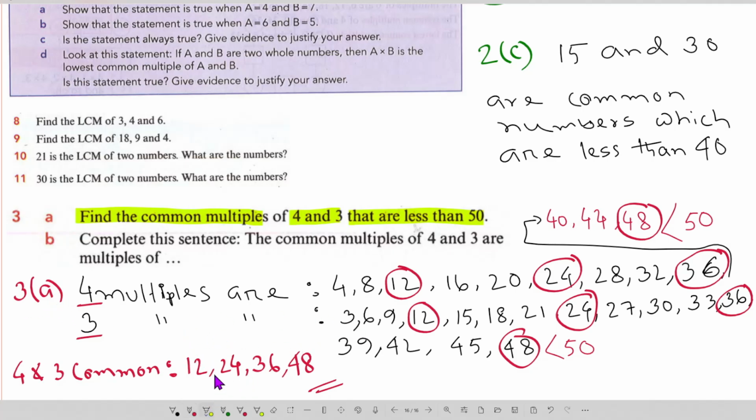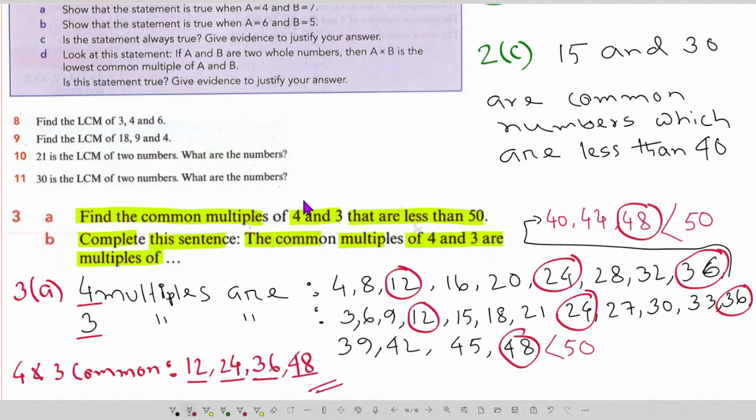What about 3B? Here it is mentioned, complete this sentence. The common multiples of 4 and 3 are multiples of what? Multiples of 12. Look, here is 12. 12 times 1 is 12. 12 times 2 is 24. 12 times 3 is 36. 12 times 4 is 48.